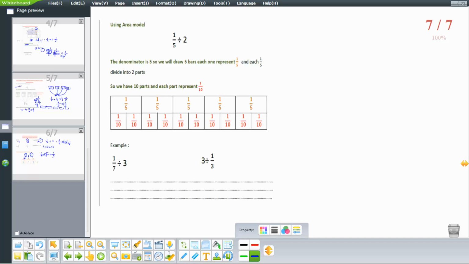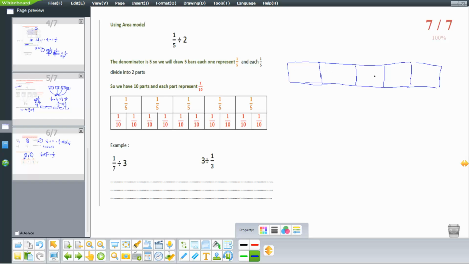Here, if I use the area model to explain 1 over 5 divided by 2, the denominator is 5, so we are going to draw 5 bars. 1, 2, 3, 4, 5.